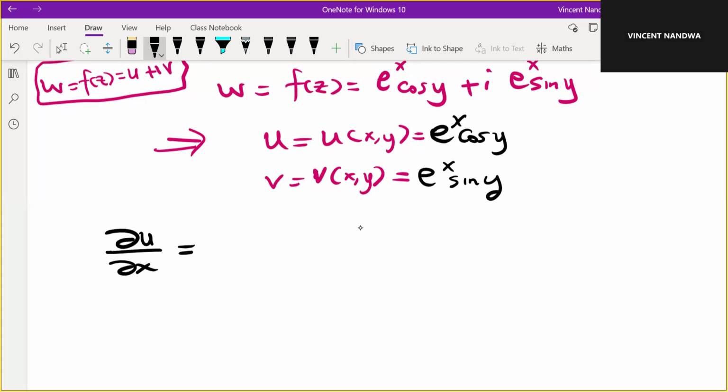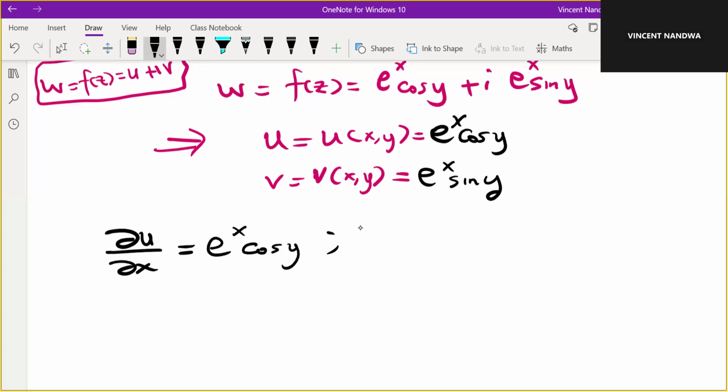When you differentiate u with respect to x, you get e raised to x cos y. Because the only part that matters in the differentiation is the exponential, which has an x. And when you differentiate an exponential, it doesn't change.